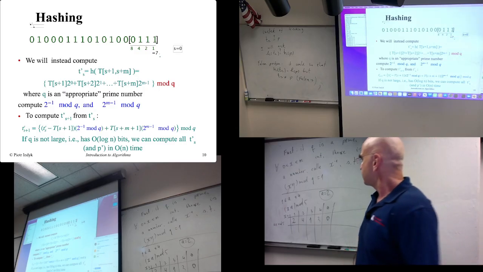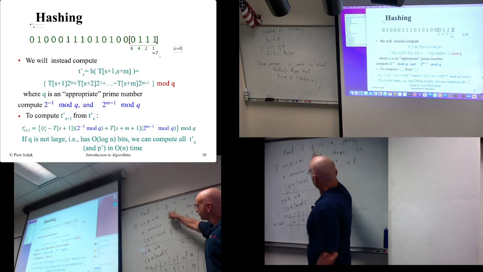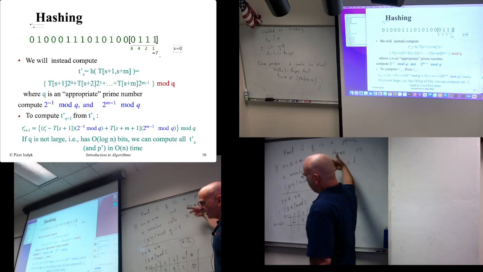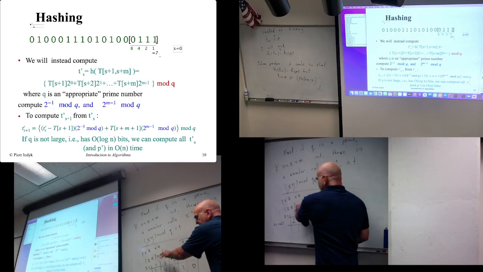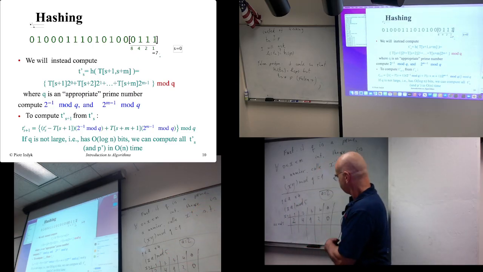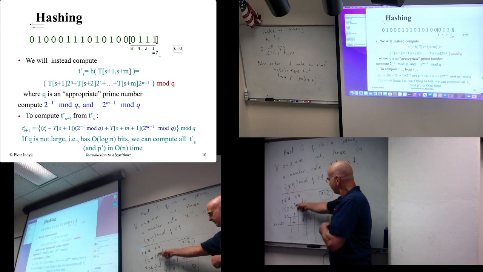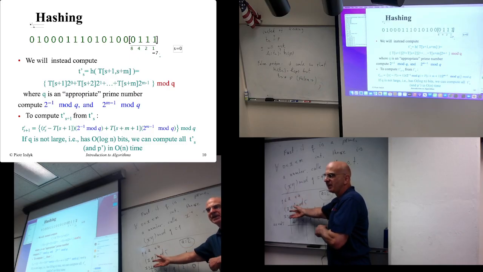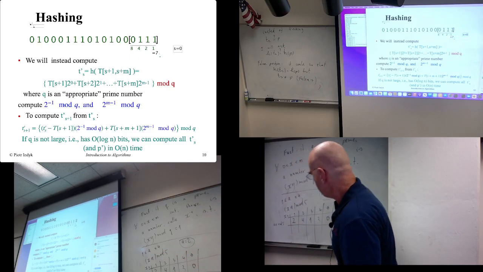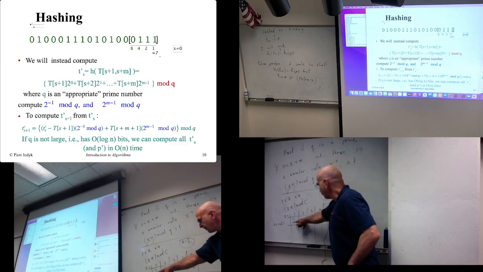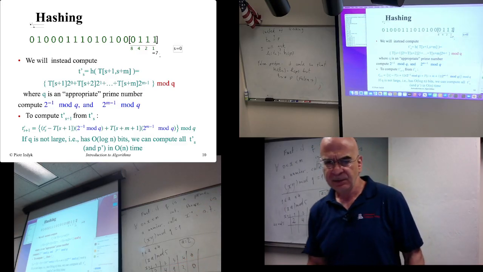As long as we are living under a prime, or I'm only playing with numbers that are smaller than this prime, then this function by itself I can make a universal family of hash functions, another hint for the midterm. I can argue that all these numbers are different, and so on.